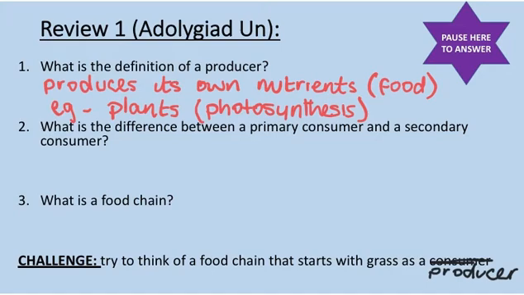Okay, so I've said a producer produces its own nutrients or food, and an example of that is plants that use photosynthesis to make their own food.